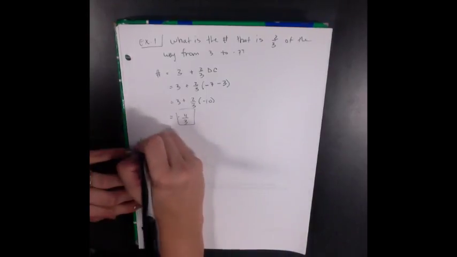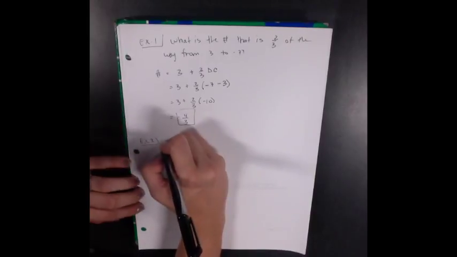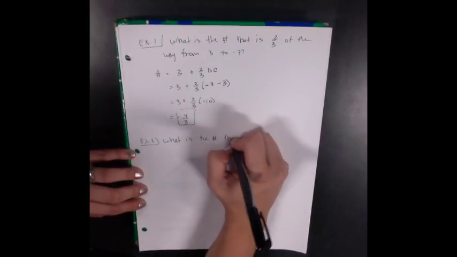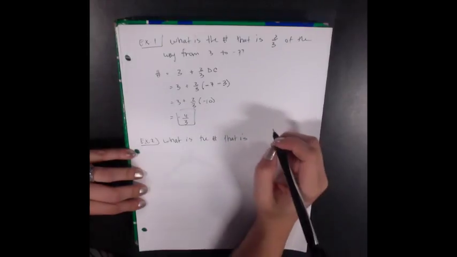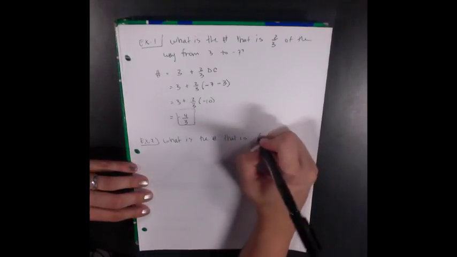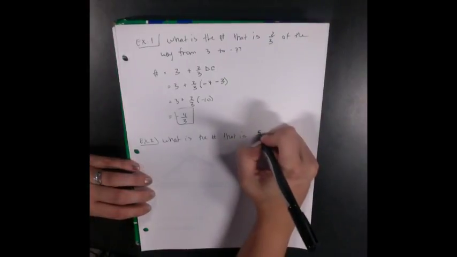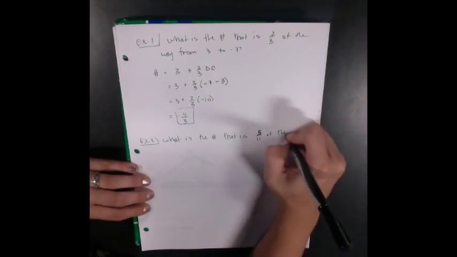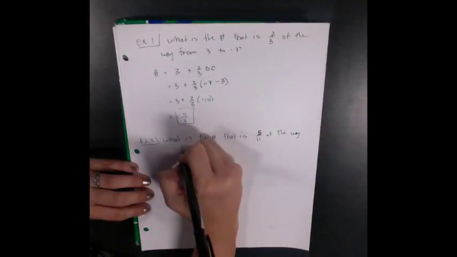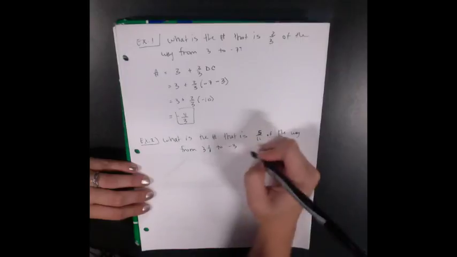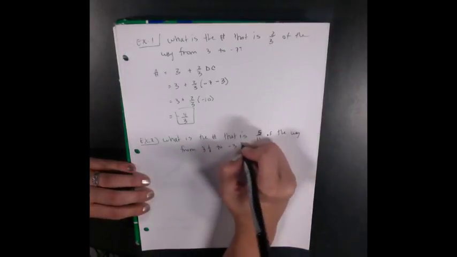Okay, let's do another example of that. What is the number that is 5/11ths of the way from 3 1/8 to negative 3 5/8?